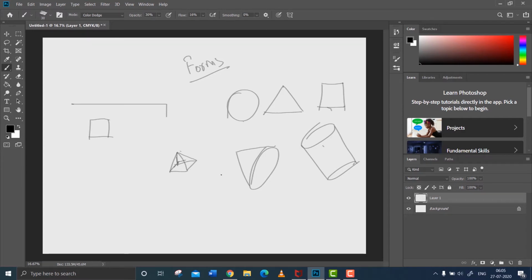If you can make anything out of these four shapes, there are two more. The circle, when converted into 3D, makes a sphere, and the square in 3D will make a cube or cuboid.